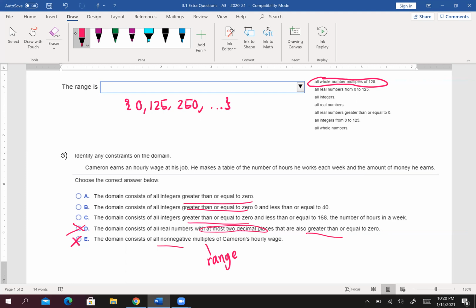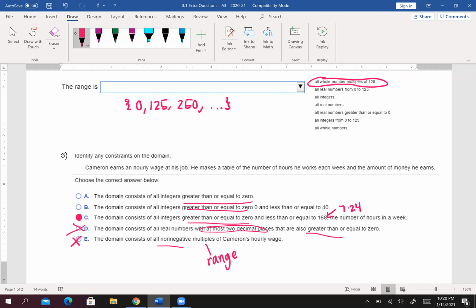So I'm thinking that 168, which is 7 times 24, is going to be the maximum amount. Because they don't really give us tons of information in the question, our maximum input is going to be 168.